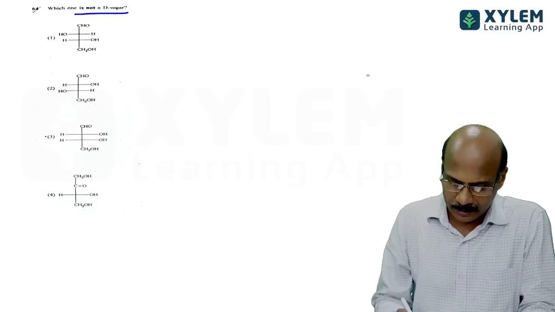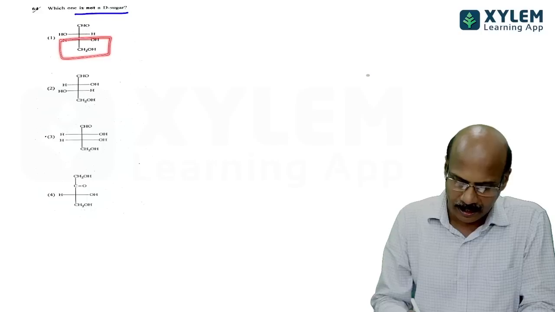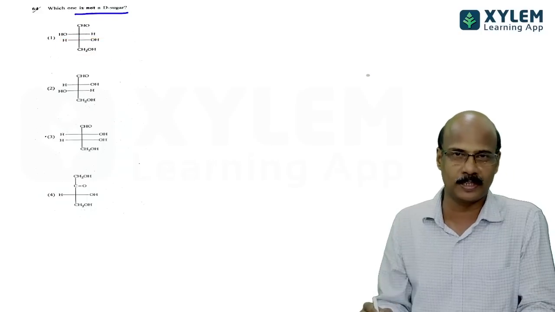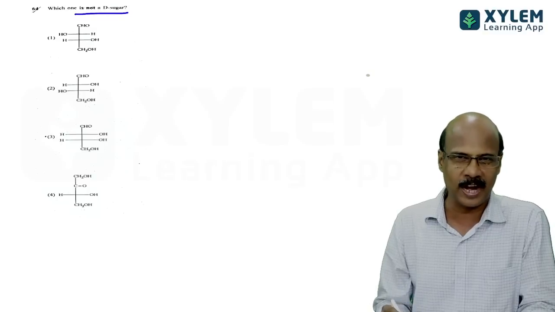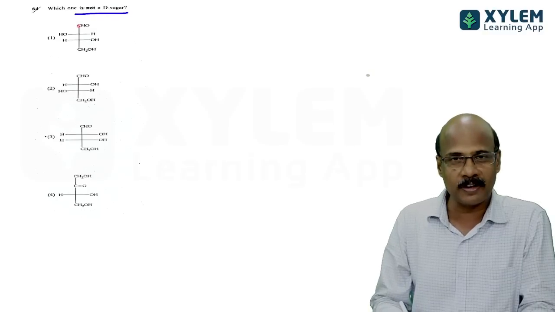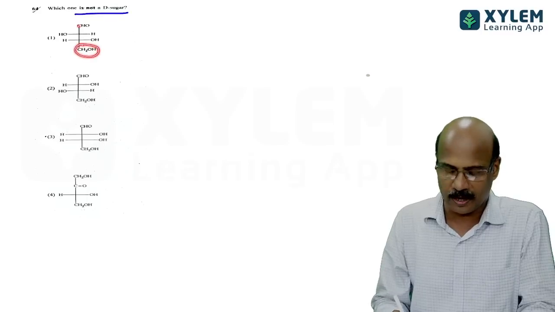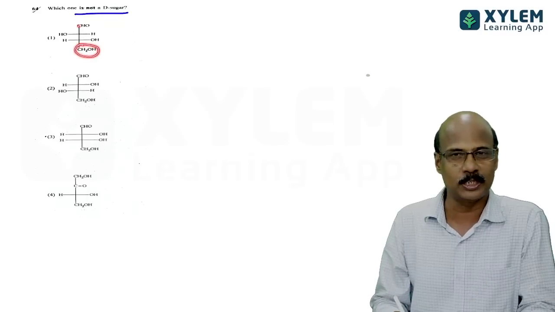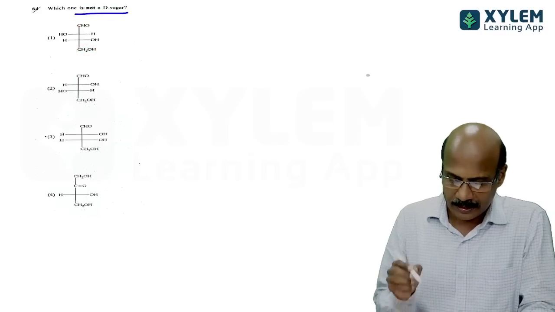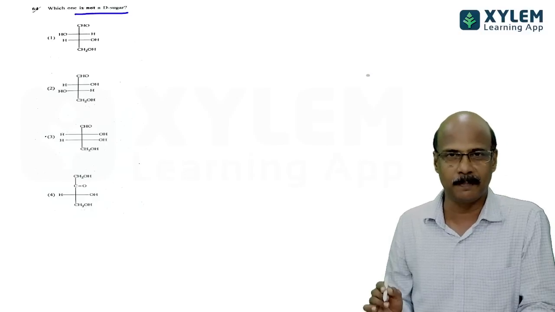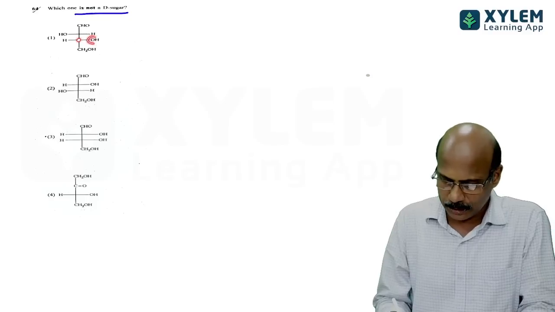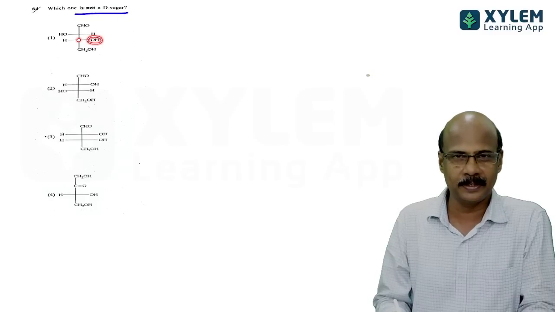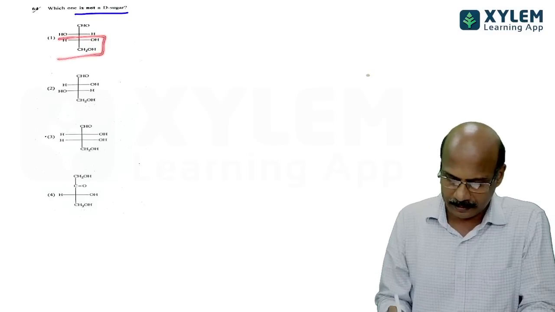Please don't forget, consider the asymmetric carbon which is far away from the oxidized carbon, which is the first carbon, no doubt an aldehyde. So which is the far away carbon? You may say this is the far away carbon, but it is not asymmetric. The asymmetric carbon away from the oxidized carbon is this one, and in that carbon, the OH group is on the right hand side. So this is capital letter D.